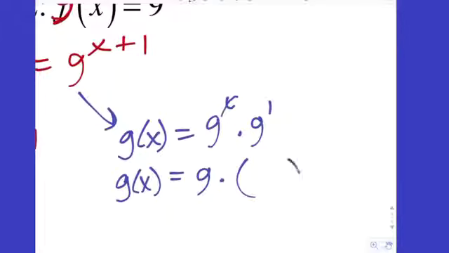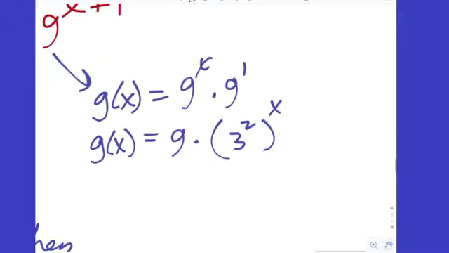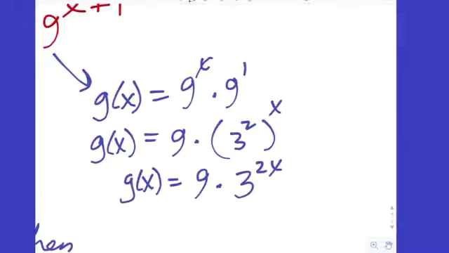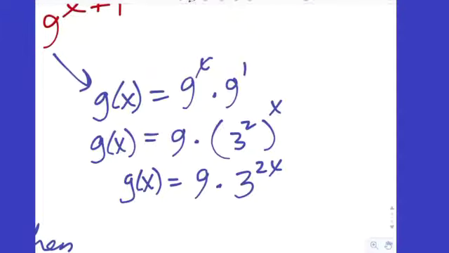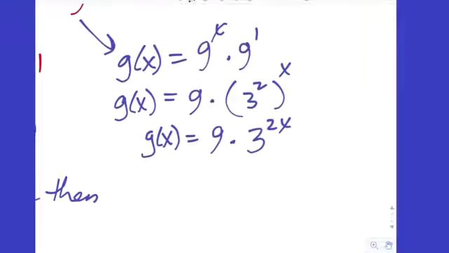And then 9 to the x, we'll write it as 3 squared to the x, just like before. And now if I simplify that, we get 9 times 3 to the 2x power. It's equivalent. We're just manipulating an expression. But as it sits right there, that's a separate way to obtain it.